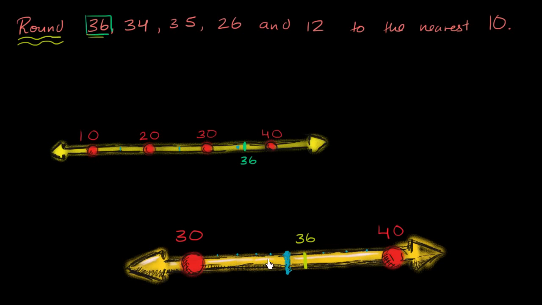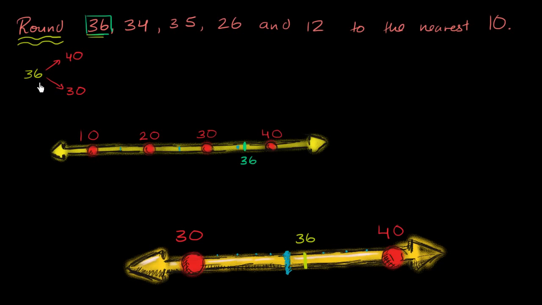So if we want to round to the nearest multiple of 10, what are the two possibilities here? Well, I could take 36 and round up to the multiple of 10 above it, which is 40. Or I could round down to the multiple of 10 below it, which is 30.